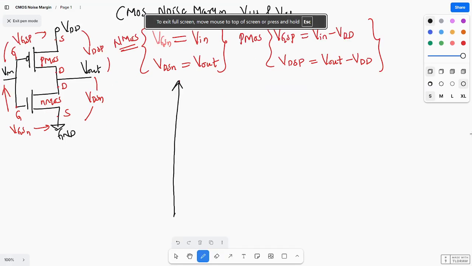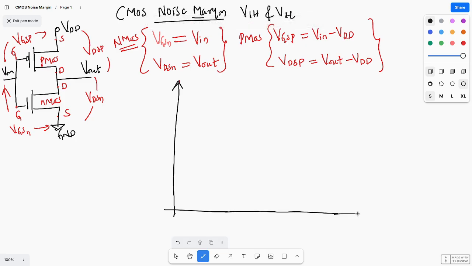Next, you see, here this one is V out, and this one is V in. The curve will be like this. It will start from VDD.